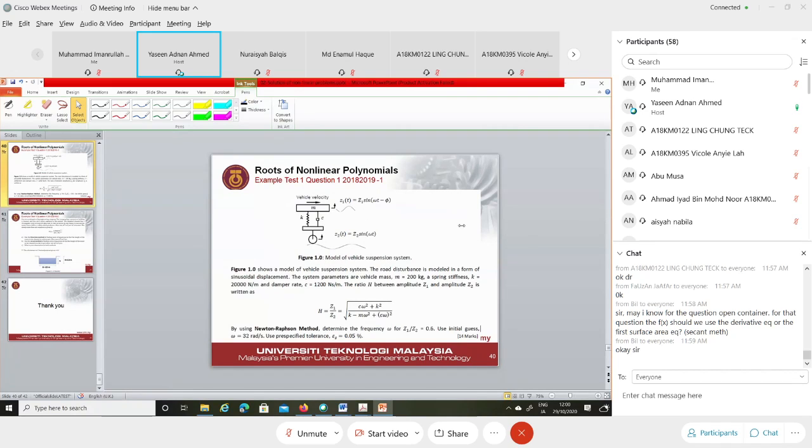So as I said, whatever it is, I don't mind. You have Z1, Z2, just go to the equations and read the values here. Using the Newton-Raphson method, determine the frequency omega for which your Z1 by Z2 is equal to 0.6. That's straightforward.